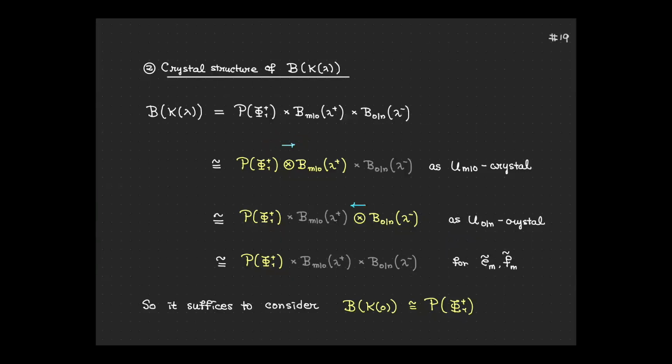If we consider it as a crystal over U_{0|n}, then it's the upper crystal operator, and the tensor product order is reversed, which I mentioned yesterday. We regard it as a tensor product of the crystal of π_1 and B(λ^-), but the tensor product order is reversed.